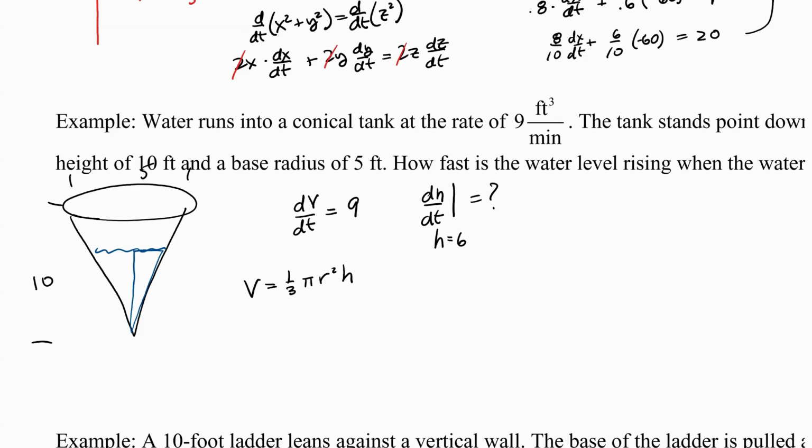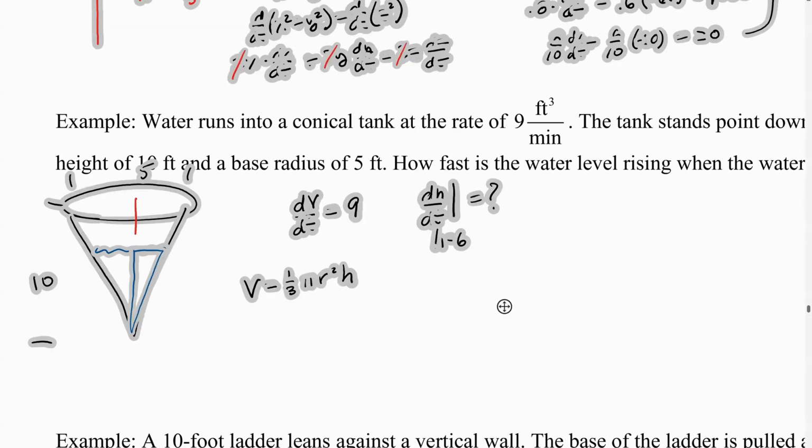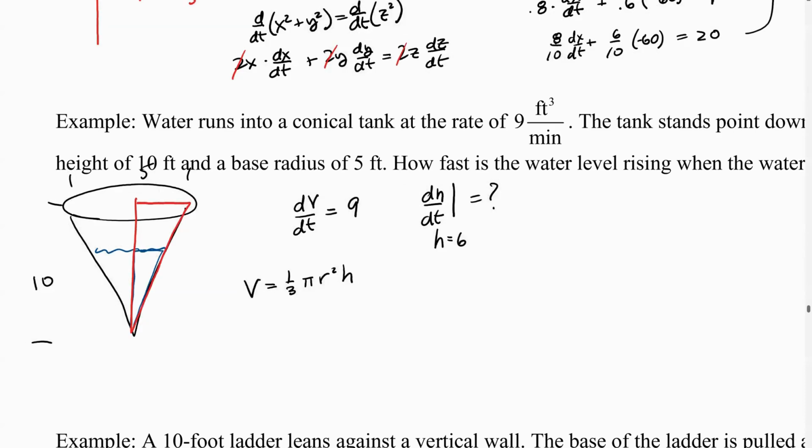All right. So we've got this similar triangle, which is right here, and that triangle and the blue triangle are similar. So the ratio of the radius of the water to the height of the water has got to be similar to the ratio of the radius of the tank to its overall height.